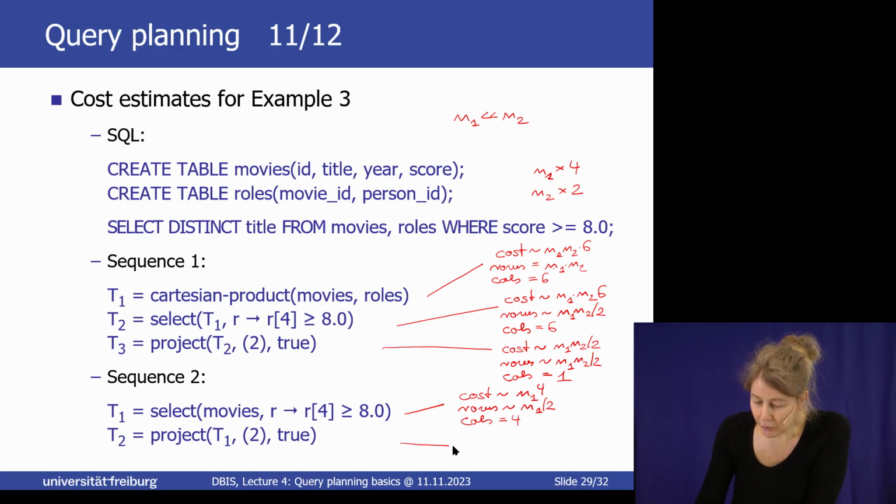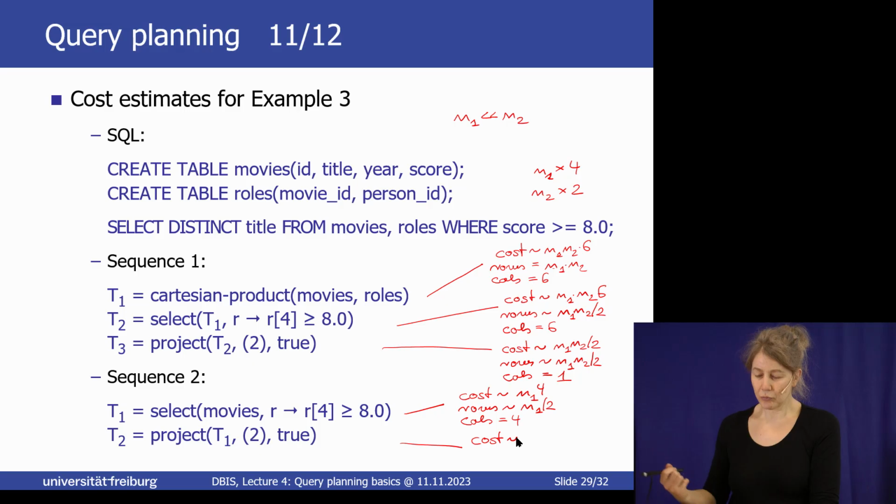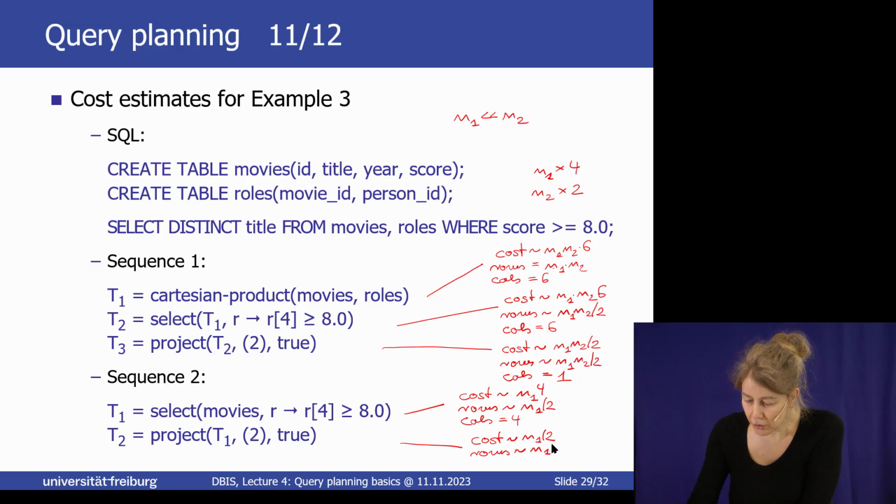And now this operation, that's now, I'm just taking the number of rows n1 over 2, and hope that's correct. The number of rows does not change. This could even be an equality sign. And the number of columns is 1.